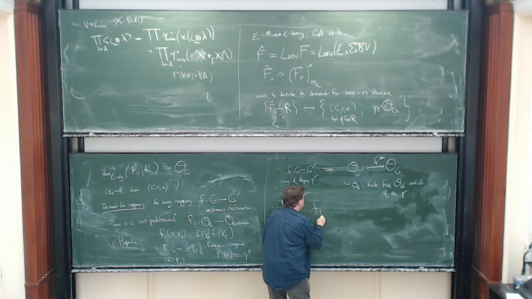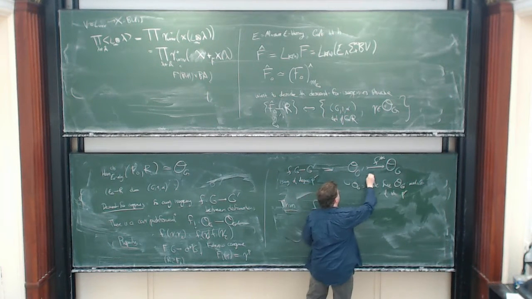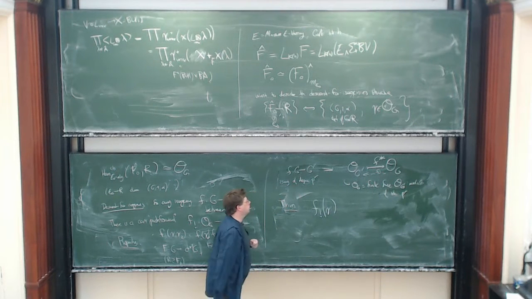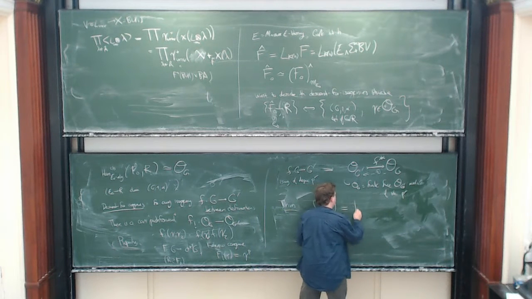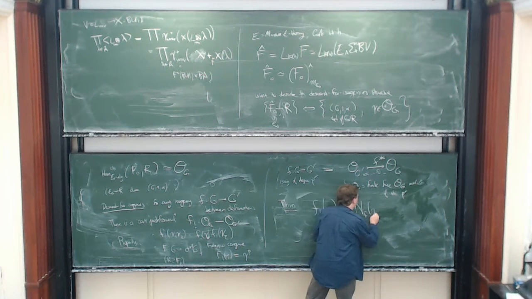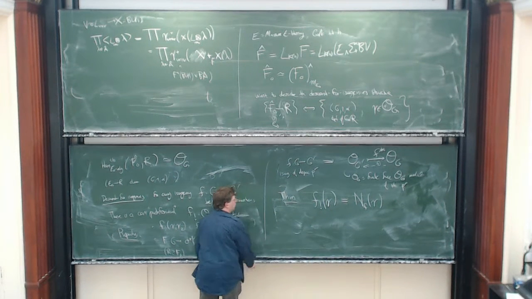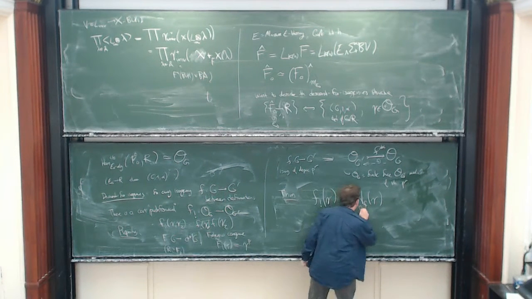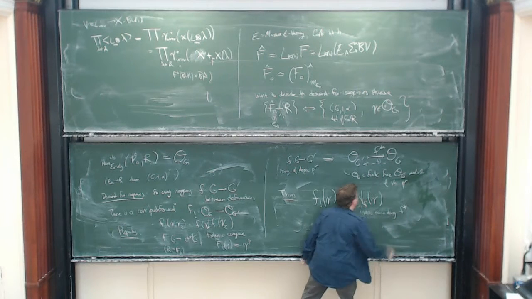Here's the theorem that tells you what F lower shriek is. F lower shriek of a function is going to be a function that goes the other way. I'll put it in dashes because it's not a ring homomorphism. So I take a function on G. This is going to be NF of gamma. N stands for some kind of norm. This is just the determinant. So this is the Galois norm along F upper star.